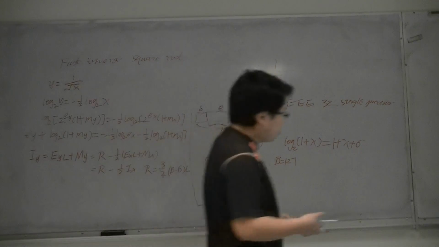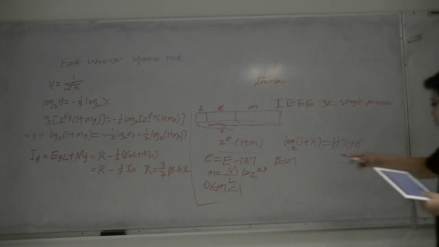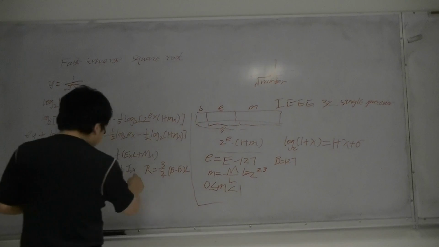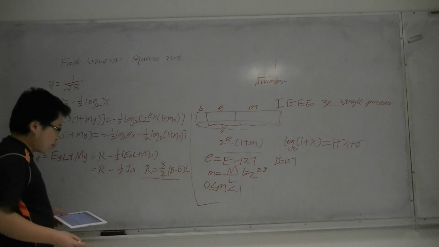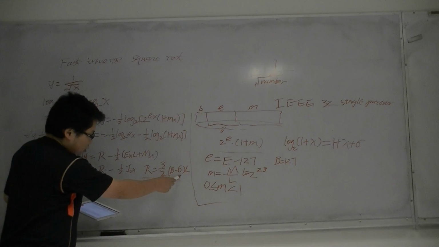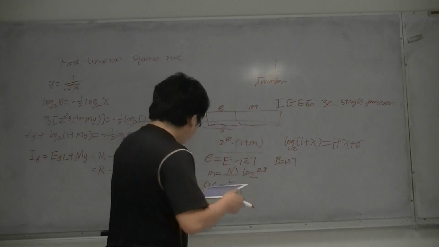So we must, for this value, I mean the R, this is very important to get the R. So they give the value of some constant as this.